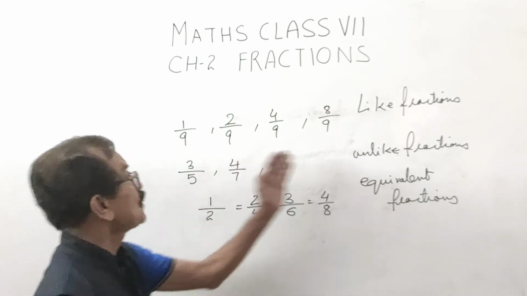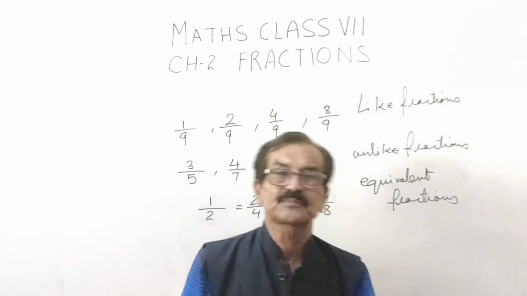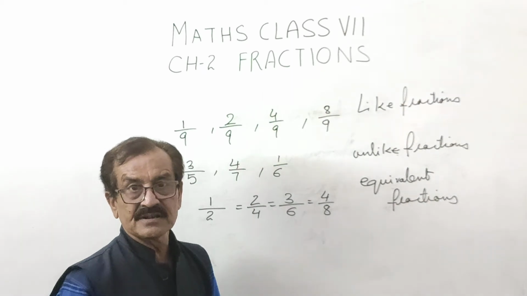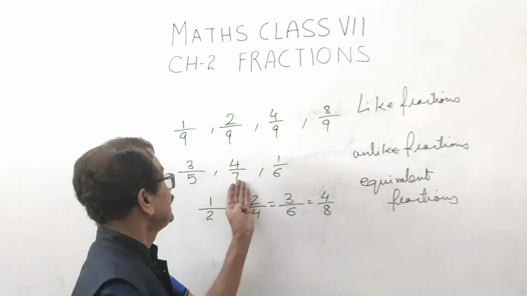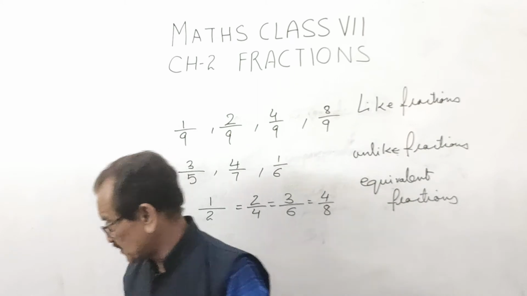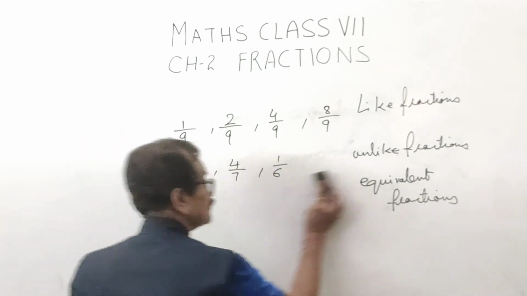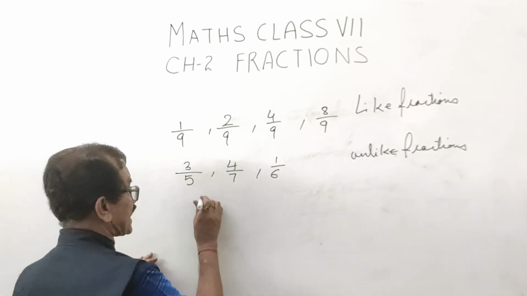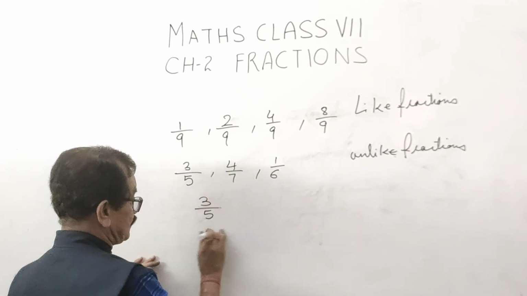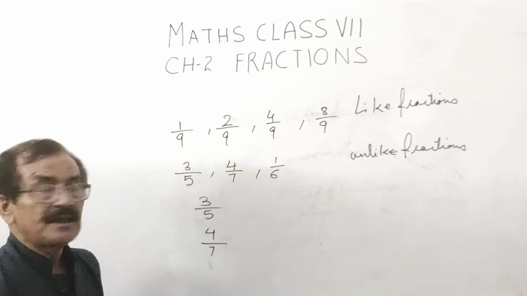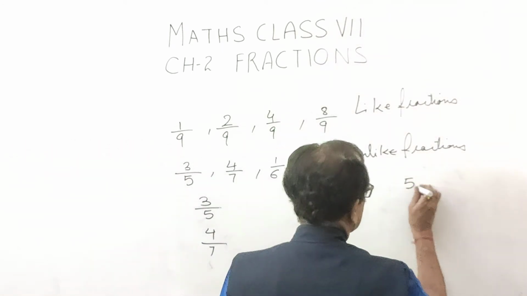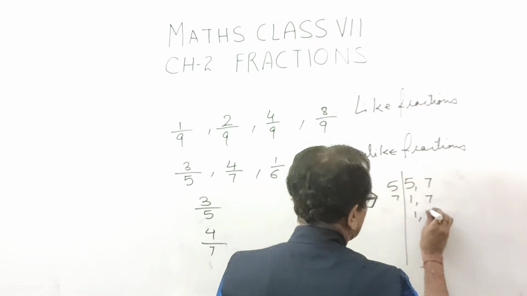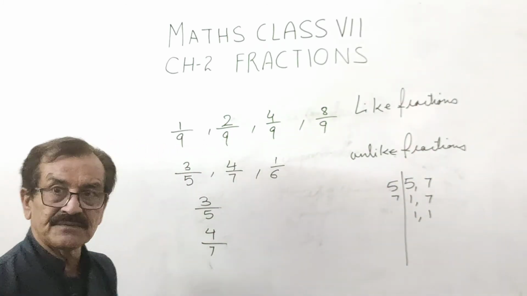So first of all, for unlike fractions to be added or subtracted, we need to convert them into like fractions by taking the equivalent fractions into consideration. How do we do that? Let's see. Suppose I have to add these two fractions, 3 by 5, 4 by 7. Now taking the LCM of 5 and 7, I see here that the LCM of 5 and 7 is 5 7s are 35.